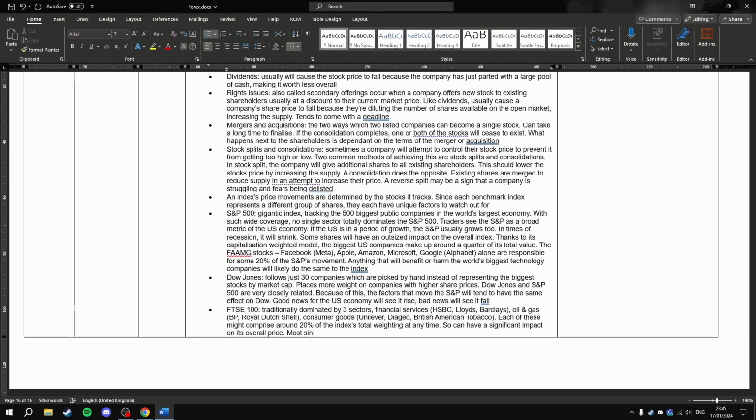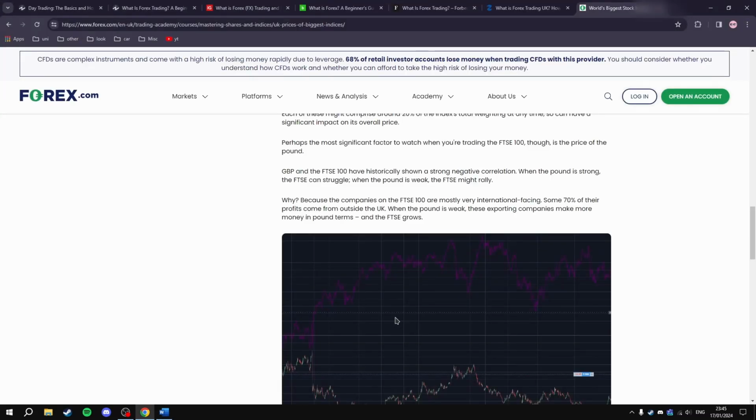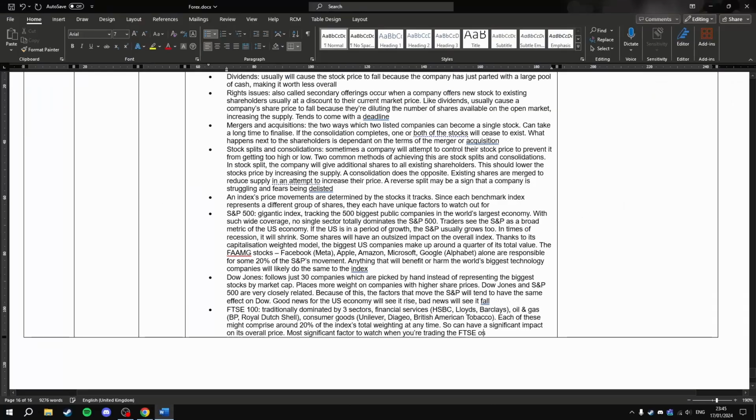The most significant factor to watch when you're trading the FTSE is the price of the pound.